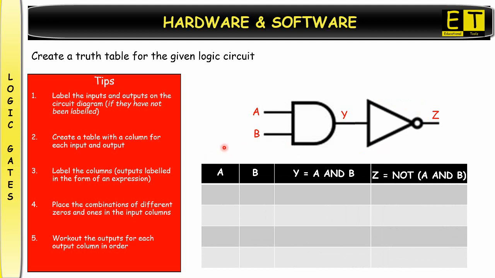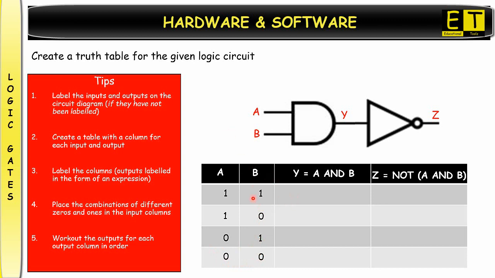The next step is to put in all the input combinations. So 1, 1, 0, 0, 1, 0, 1, 0. Now we need to calculate the output from the AND gate. And if you remember from earlier, both of the inputs need to be 1 for the output to be 1. If either of the inputs are 0, or both of the inputs are 0, then the output is 0.